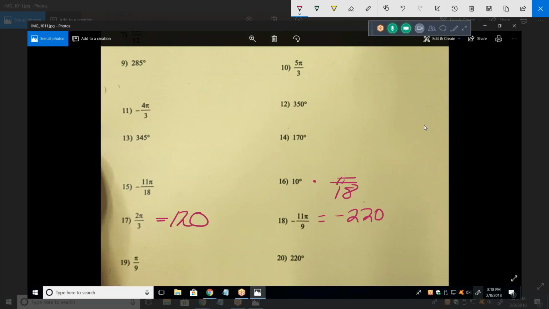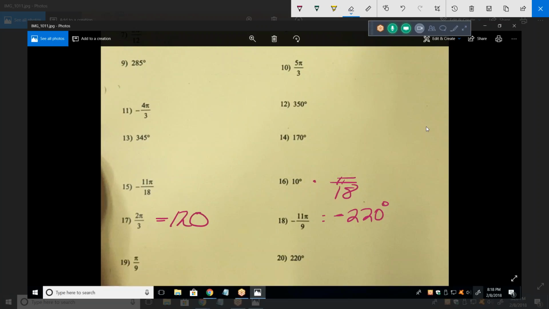Exactly. So certain denominators are easier to do than others. 9 actually is a pretty easy one to do because it's a nice round 20. And it's easy to multiply most any number that's going to be in the numerator by 20.